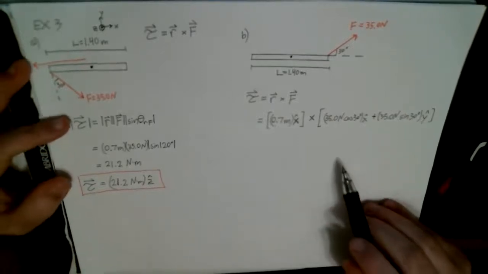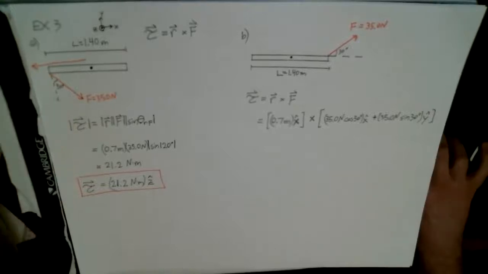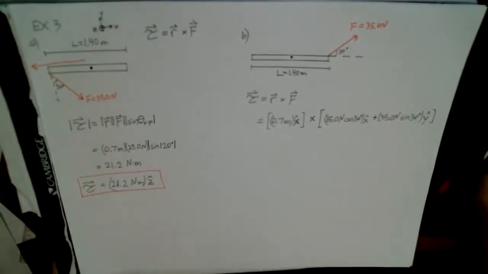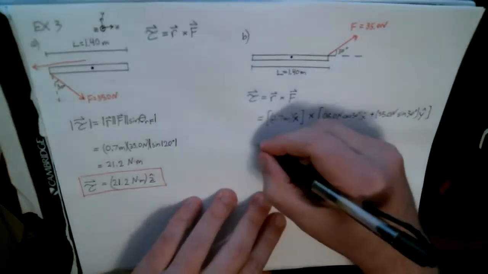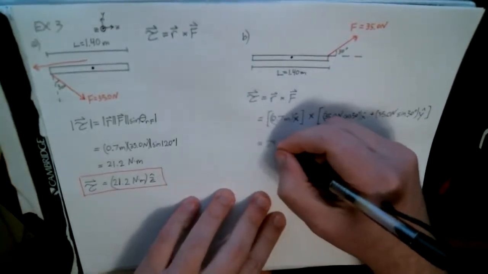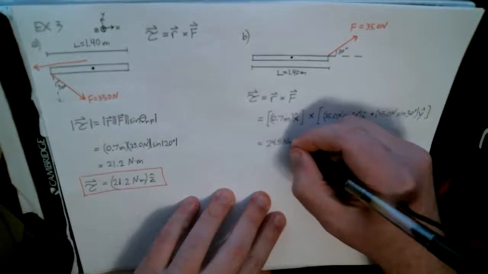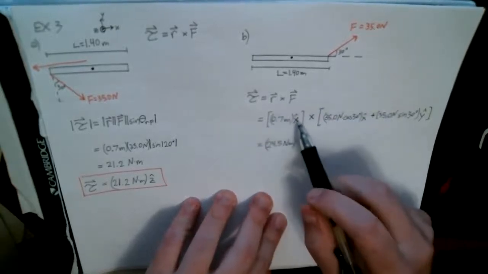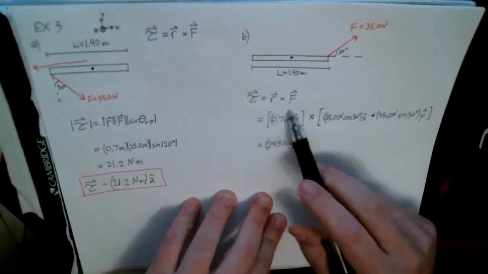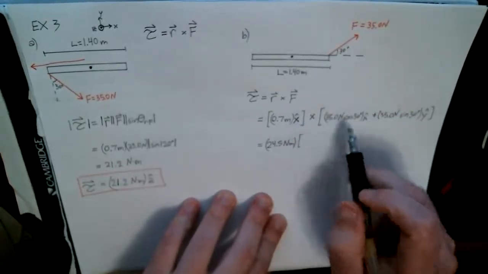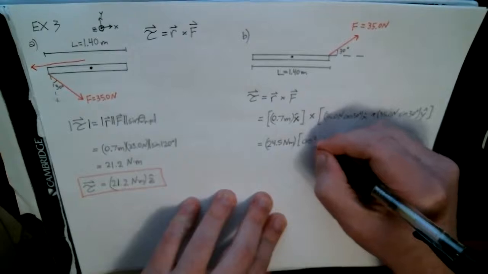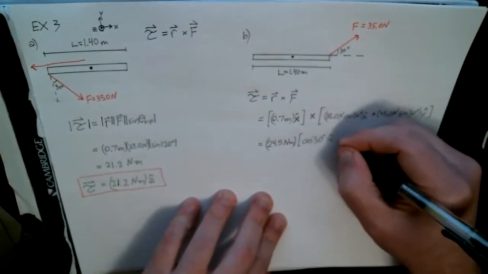All right, so now I start distributing things for my cross product. I can distribute out the 35. So I've got 35 newtons times the 0.7 meters gets me 24.5 newton meters out front. And now I distribute my x-hat from the r vector across the cross product. So for my first term, I'll have cosine 30 degrees, x-hat cross x-hat.